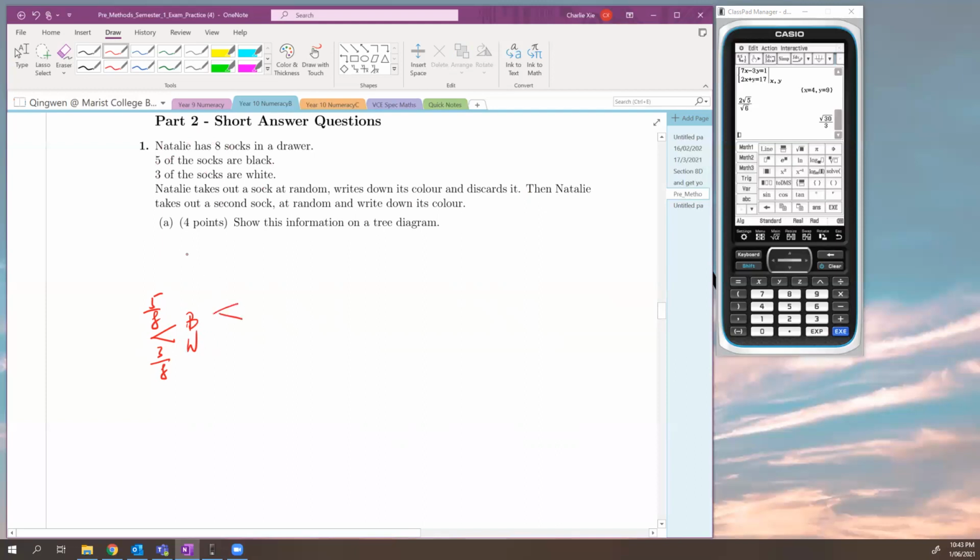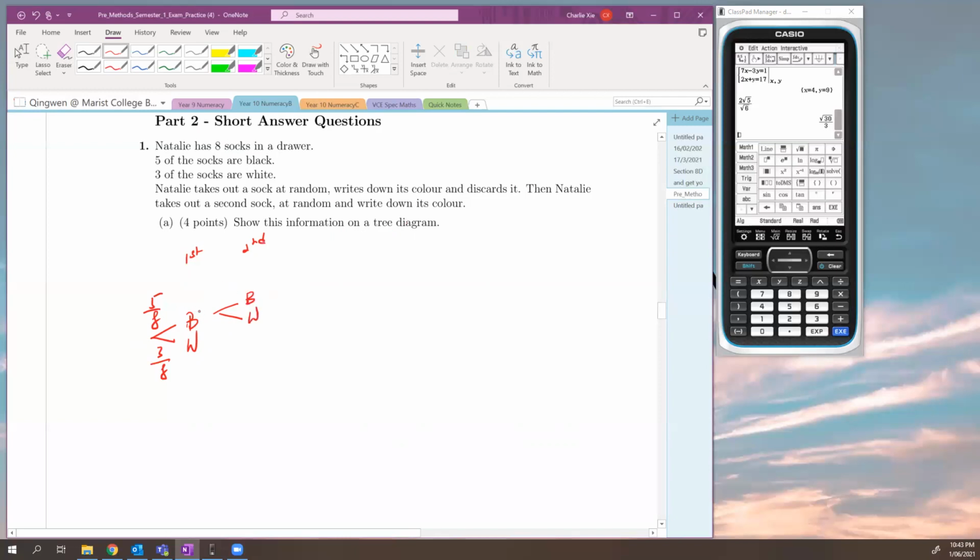And let's do the second time. Remember, this black has been taken out. You don't put it back. So now we only have 7 socks for Natalie to take out. Again, it could be either black or white.